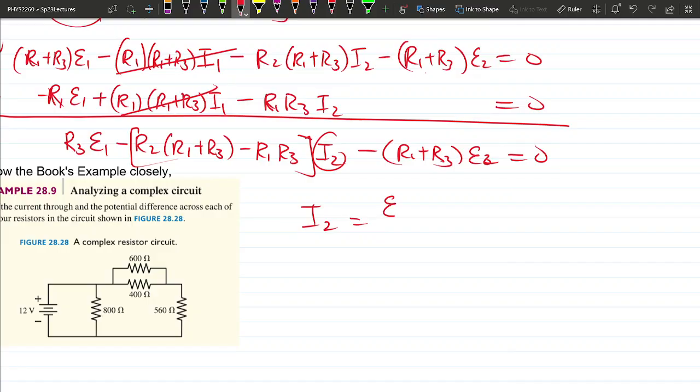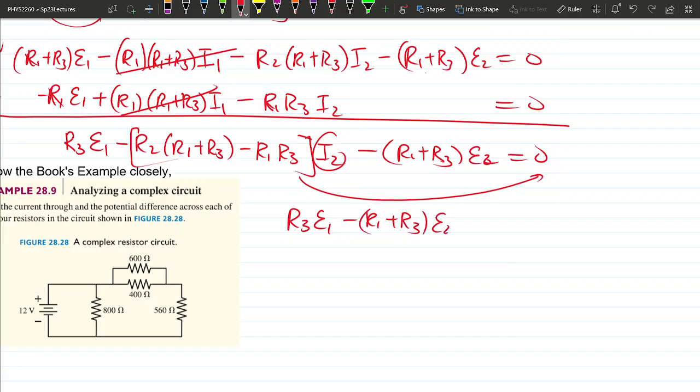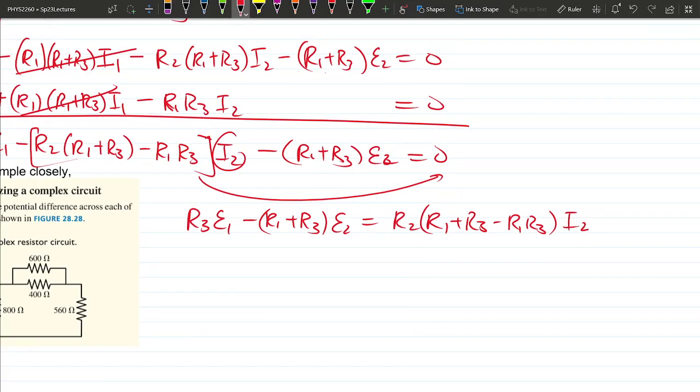Let's do this in two steps because I can't do it in one step. Move everything to the right. There's just a lot of writing. And then you divide both sides by this, and then you have this complicated equation.